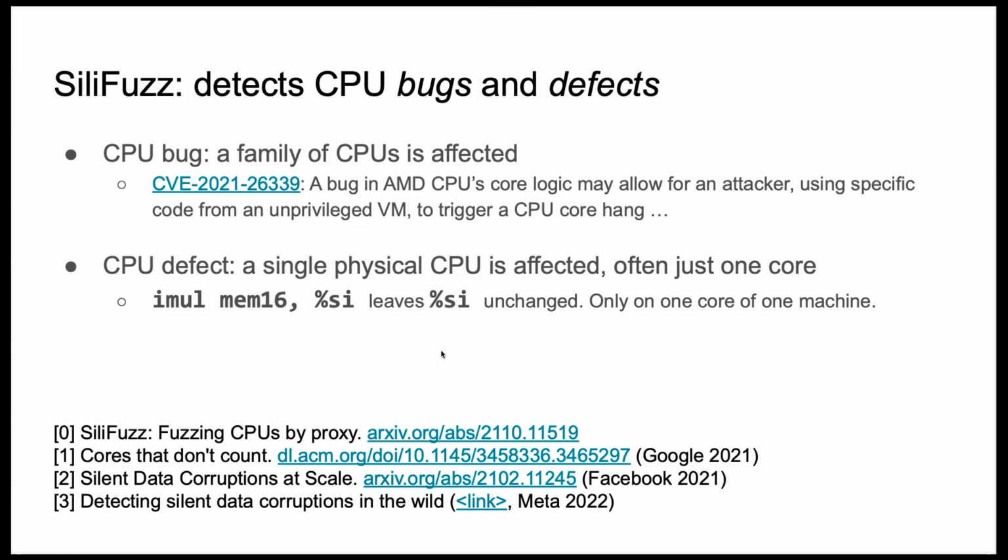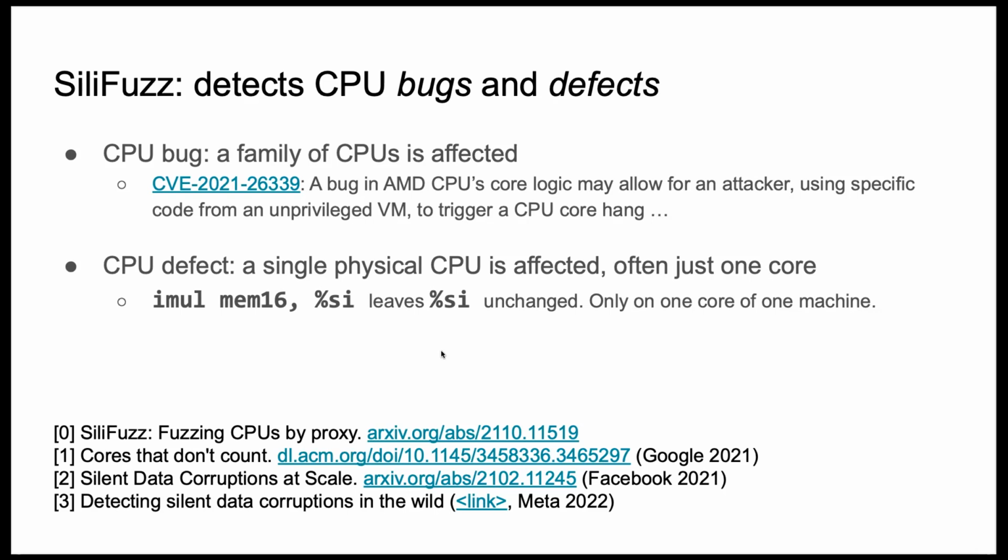And this distinction between bugs and defects is important for our project. A bug in a CPU is a problem in the design, and so it will affect a family of CPUs. If you have a specific family of CPUs from a given vendor, all of those CPUs will have the same behavior that is not according to the spec.